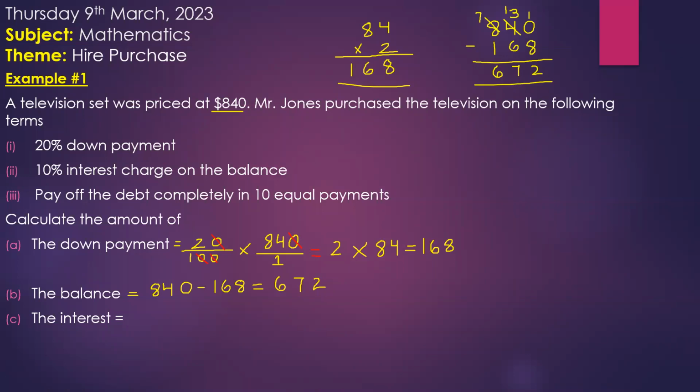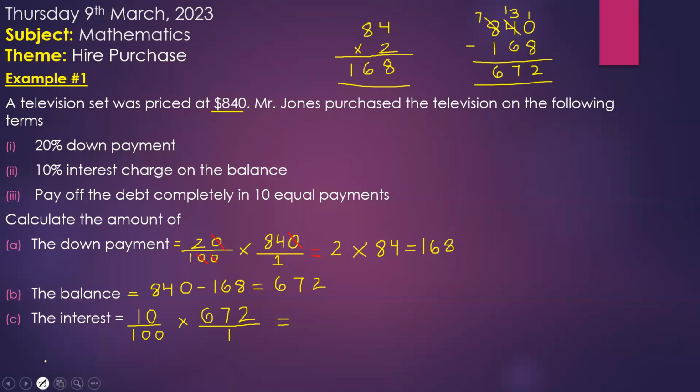So it's going to be 10% of the balance. It's going to be 10% multiplied by what? 672 divided by 1. Can we cancel out any zeros?